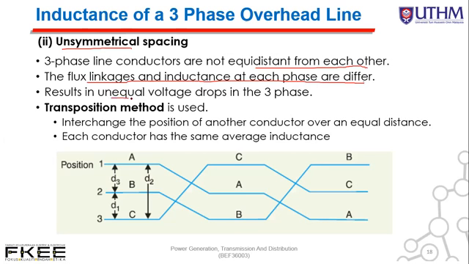This results in unequal voltage drop in the three phases. To handle this, we can use the transposition method, that is, interchanging the positions of the conductors over equal distances. So we make the distance an equal or average distance between the three conductors. At the end, each conductor will have the same average inductance.